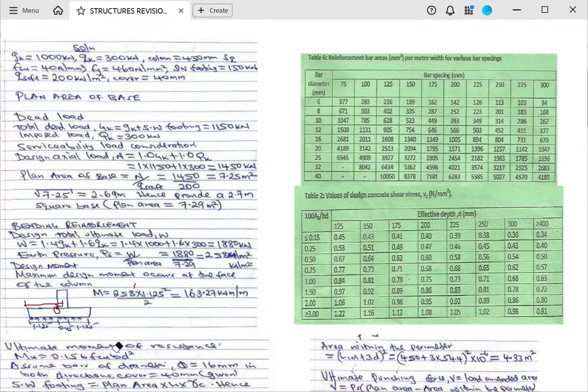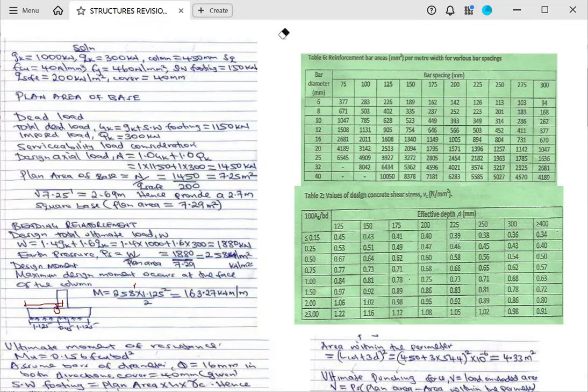If you divide it by 2, you find 0.225. Now, when you subtract, you end up with 1.125. But now the design moment is earth pressure times that distance squared over 2, which will give us 163.27 kilonewton meter per meter.